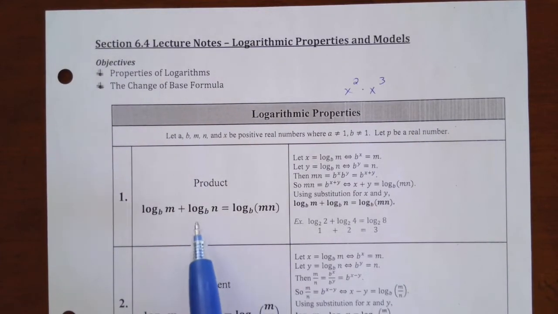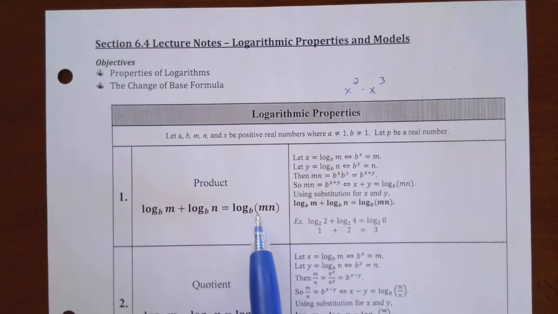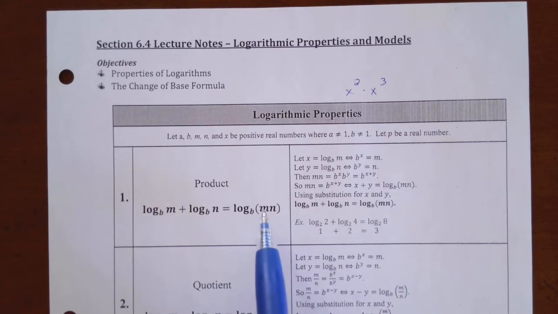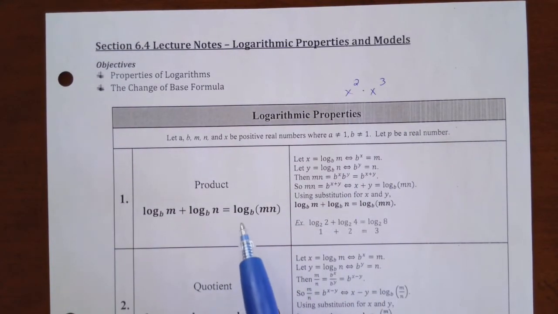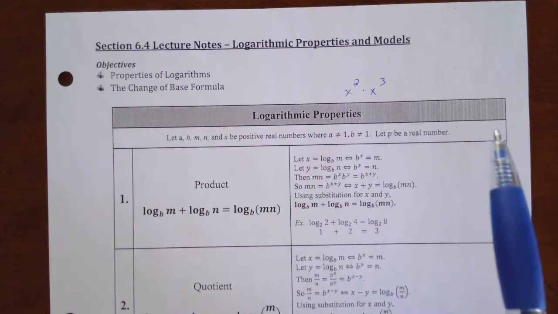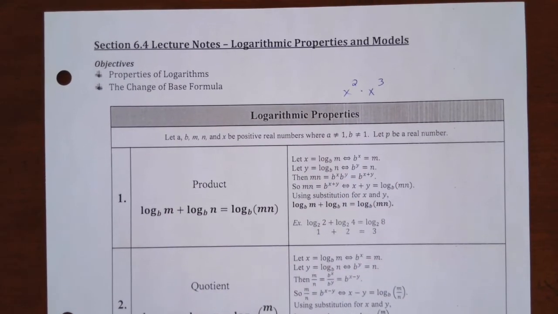So what the property says is that if you're adding the exponents, that's what the logs are, then that's the same thing as if you were multiplying the problem together. So that just goes in line with what we used to do for exponents. Remember, we're going backwards, or we're writing this in a different form.